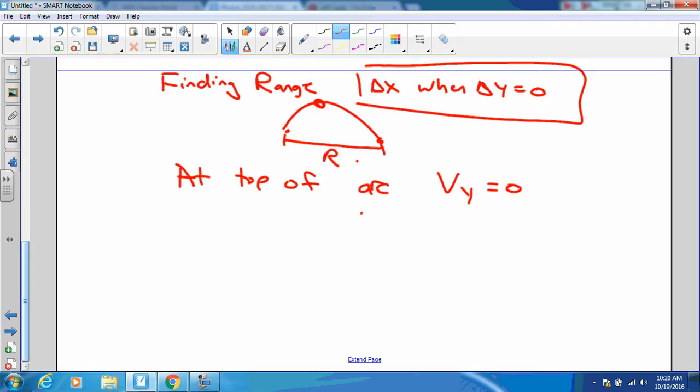The velocity in the x direction is a little bit interesting. One more thing to know about projectiles. Since gravity pulls straight down, what's the acceleration in the x direction? What's the acceleration in the x direction? 0. And since the acceleration is 0, that means the velocity is constant. That's exactly right. And you guys that are in Calc 1, now you're starting to see your derivative rules coming into play, right?